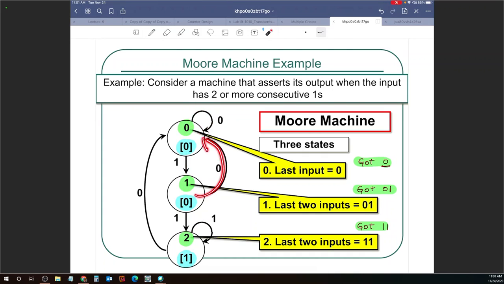When you are in any state, you need to consider what could be the next input and where I should go for that particular input. All right, questions about how we draw the state diagram for this particular design?